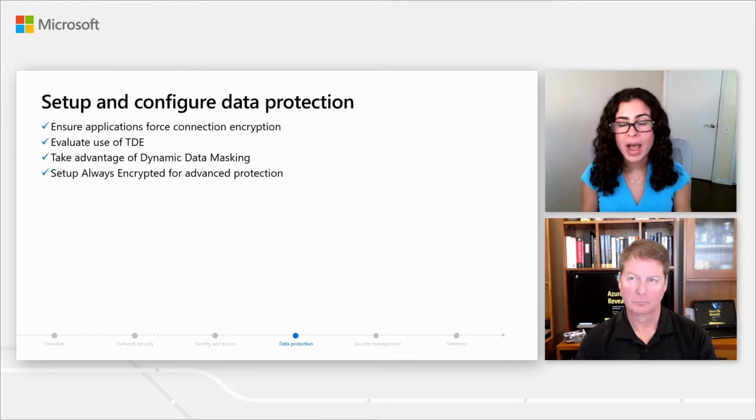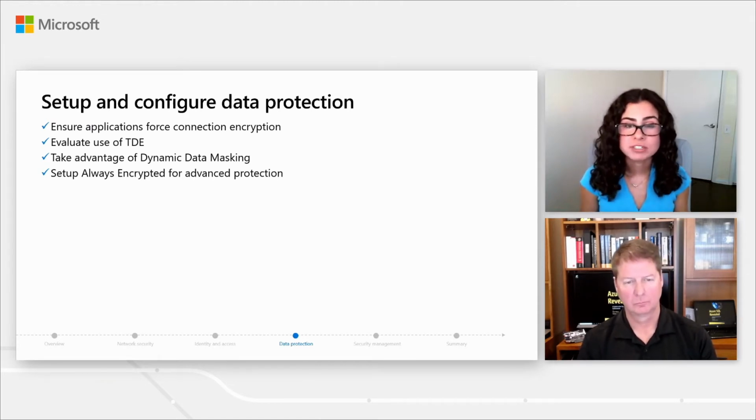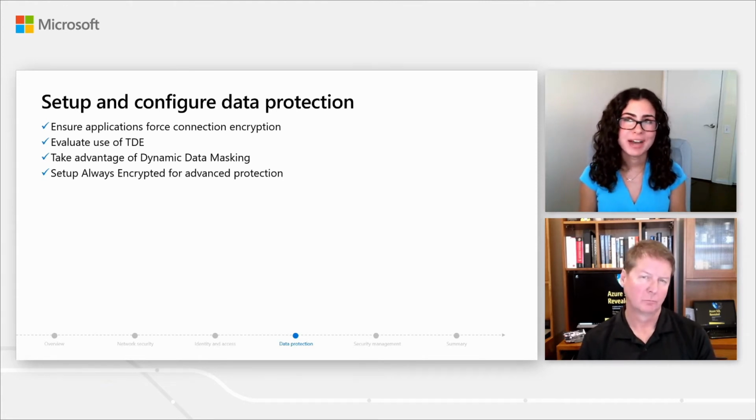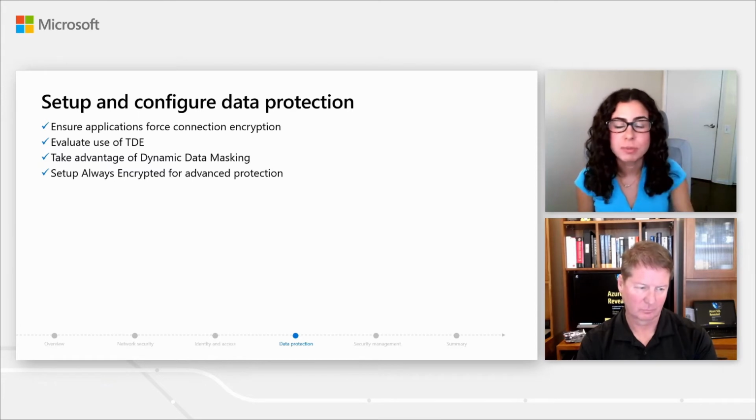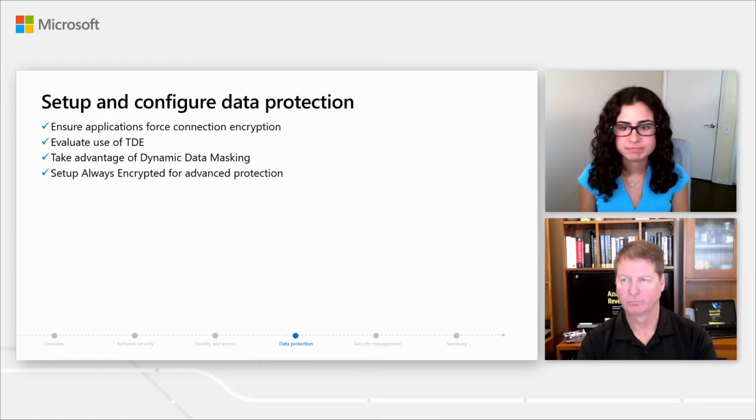And also how you're going to manage the key rotations, if you want to let Microsoft manage them, or use something like bring your own key, or BYOK. You also want to take advantage of dynamic data masking in certain situations to mask sensitive data from other users. Bob talked about Always Encrypted and some of the options available there. And then also TLS, so ensuring your applications are going to force the most secure type of connection.